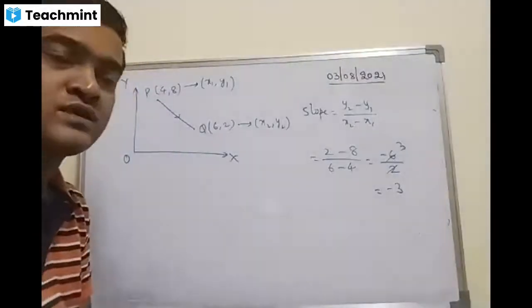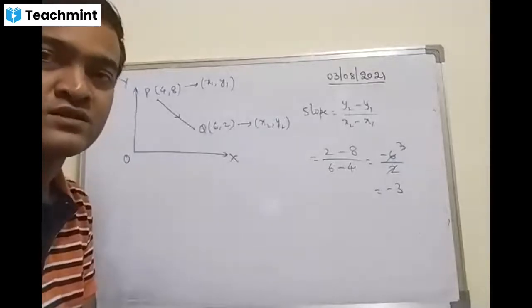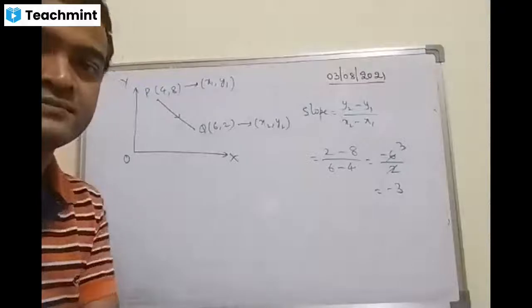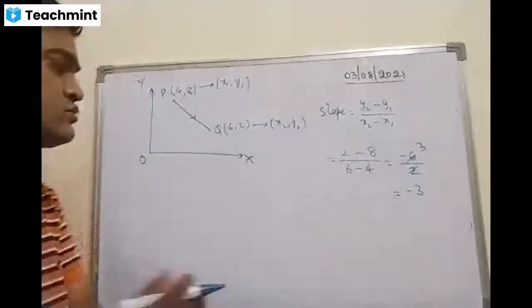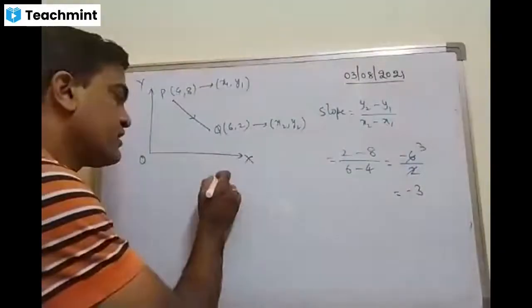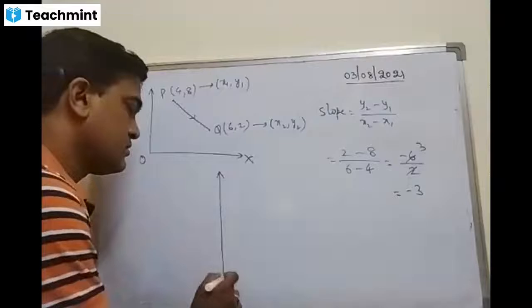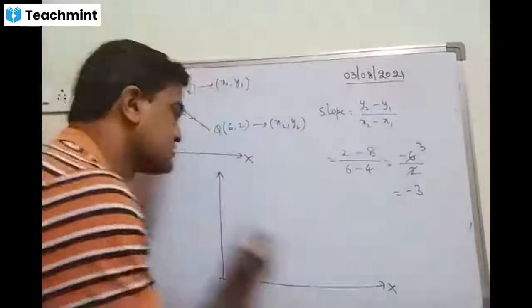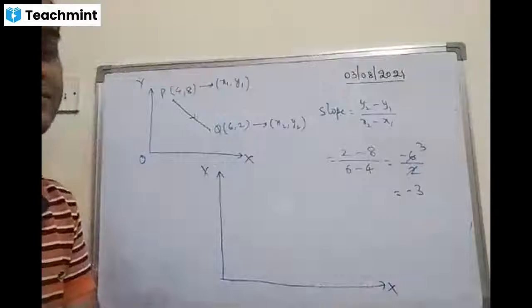But there is a trick to find out whether slope will be positive or negative. Let me show you. For example, I am considering a coordinate axis x and y.